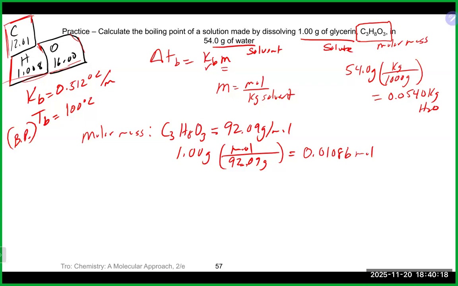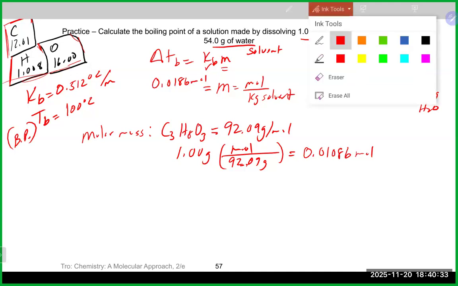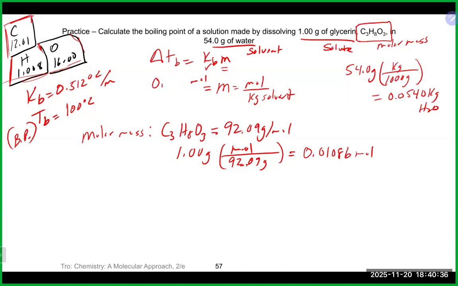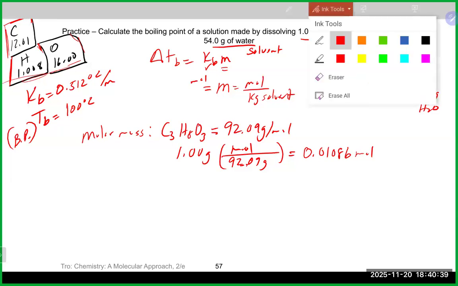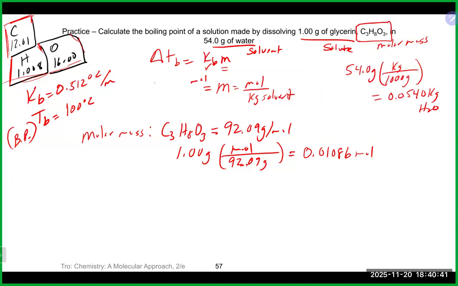Now we can calculate our molality by taking our moles, 0.01086, divided by our kilograms, 0.0540. That is going to give us a molality of, looks like, 0.201.